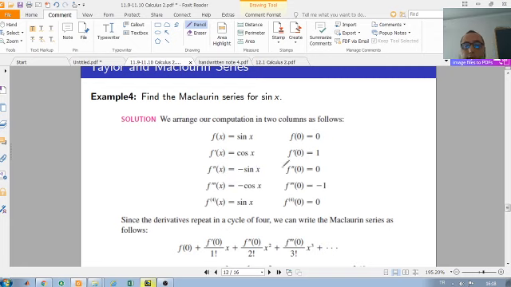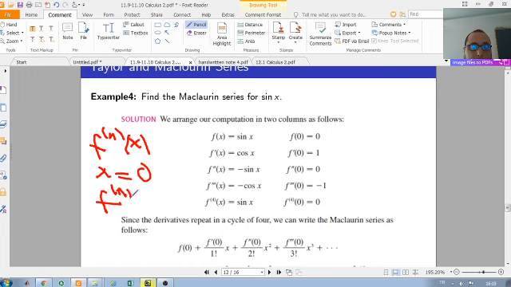In here, our aim is to find a general idea for the nth derivative of f by writing 0 for x. Actually, what is the general formula for the nth derivative of f, which is sine x, at 0 to find the Maclaurin series?